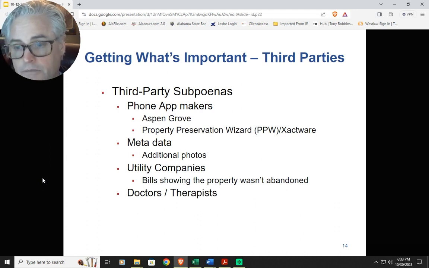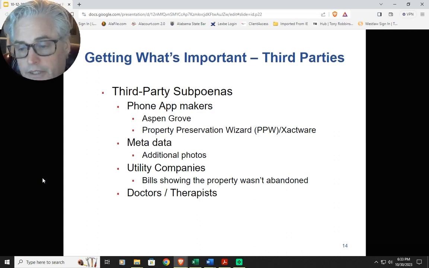Those companies can also be subpoenaed, and you definitely want to get things like their versions of the photos that are uploaded before they're time-stamped, etc. Because a lot of times those files and photos will contain metadata, which is contradictory to the defendant's version of events, and oftentimes impeaches their story dramatically. So being very thorough, getting all this information is of huge importance.